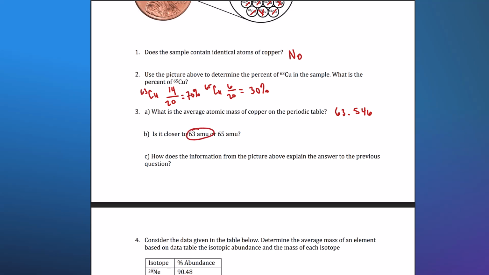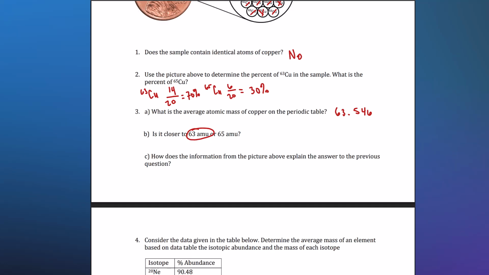Now, how does this information from the picture above explain the answer to the previous question? Well, first off, you have to look. We have our 63 and our 65, and which one is more abundant? Well, copper 63 is 70%, while copper 65 is only 30%. So does it make sense that the average atomic mass is closer to 63?